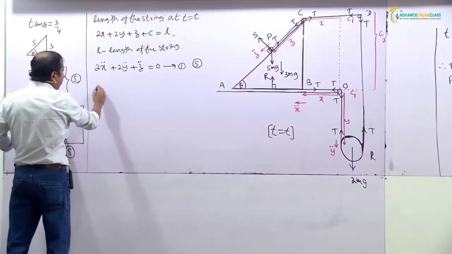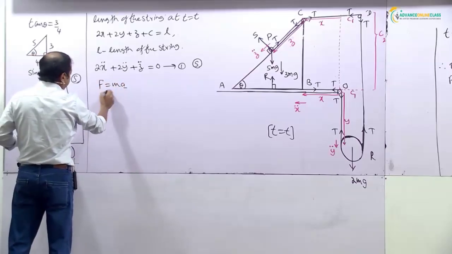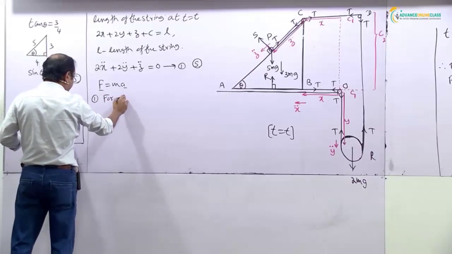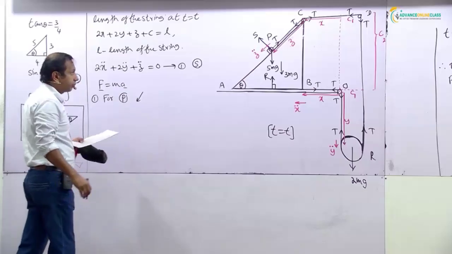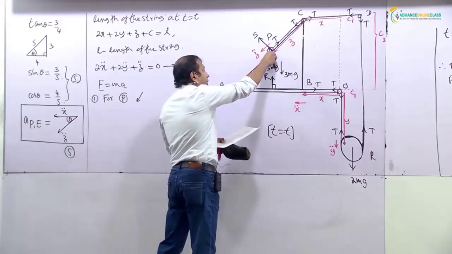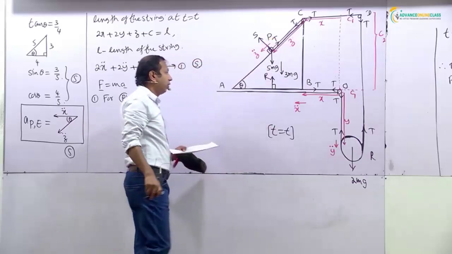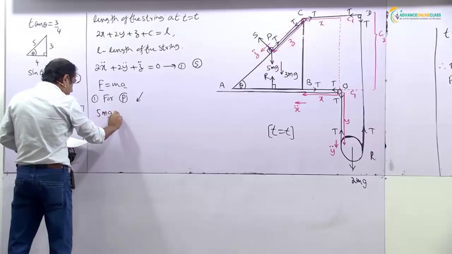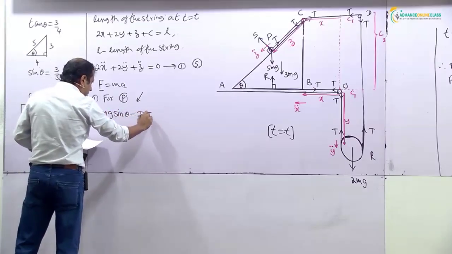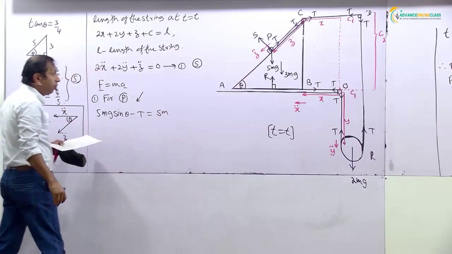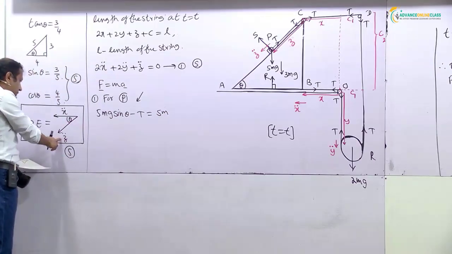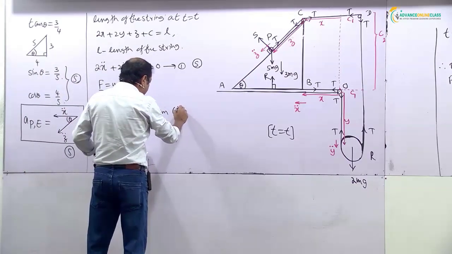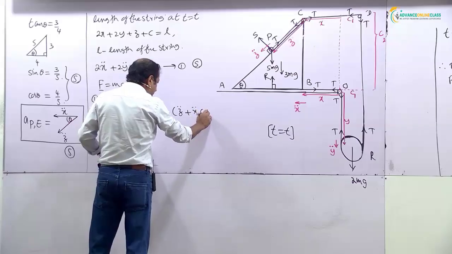Right. Now we apply F equals ma. Number 1, for P. This way. For that, 5mg sin theta is the force minus T. 5mg sin theta minus T equals 5m times, acceleration should be taken here, z double dot plus x double dot cos theta.